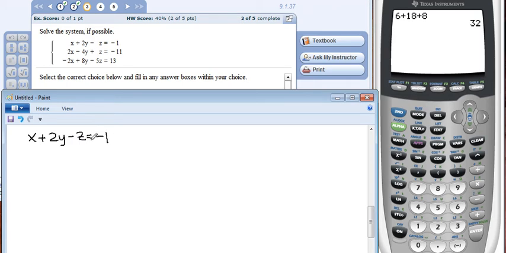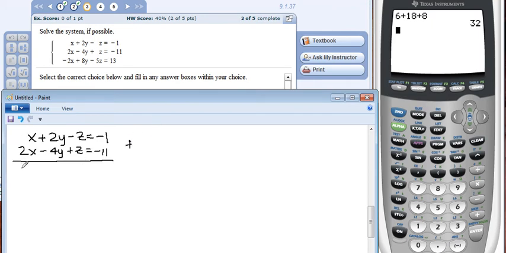All right, so I've got my first and my second. If I added those, my z's would drop. Looking good. So I'm going to stack these and add them. I'm just going to randomly pick any 2 to drop any variable. So I'm going to choose number 1 and number 2, and I'm going to drop z.